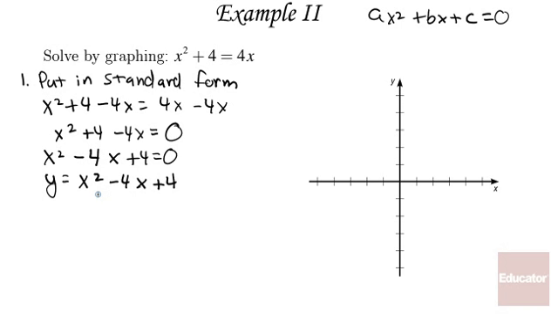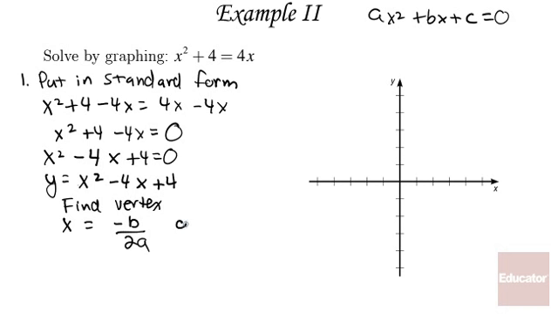When I graph, I find the vertex. The x value for the vertex is going to be negative b over 2a. Here I have my function in standard form. That's why it needs to be in standard form, so you get the correct a and b values to use in this equation.